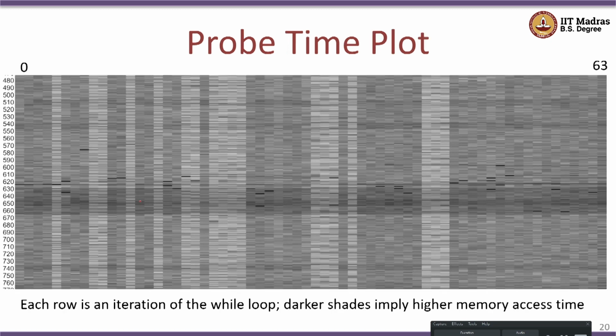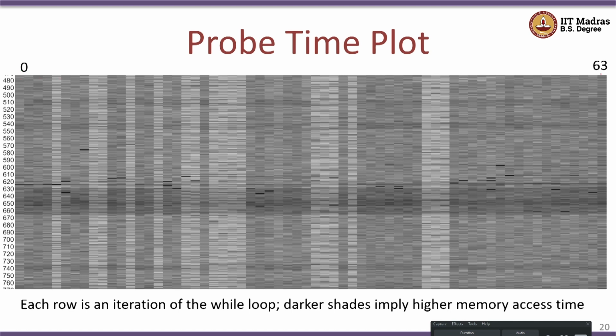Here is an example of the probe time plot. This is taken on an Intel platform. What we see over here is 0 to 63, and each column corresponds to a cache set. This is an Intel platform, and the L1 cache has 64 cache sets, so each column corresponds to one particular cache set.